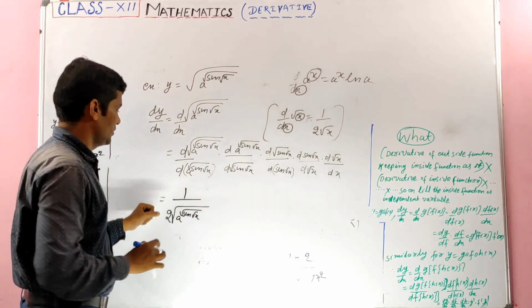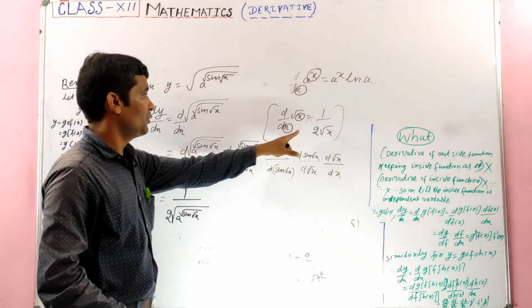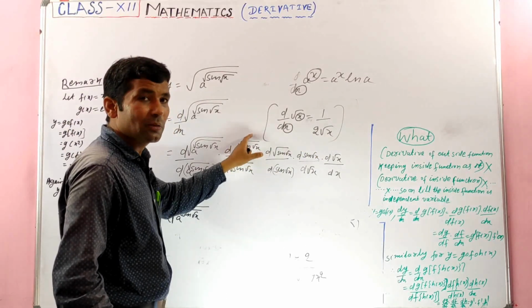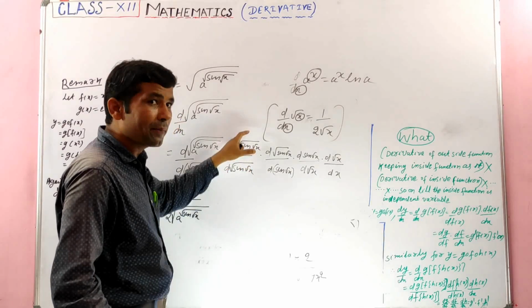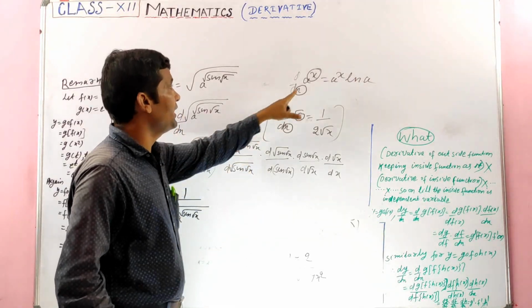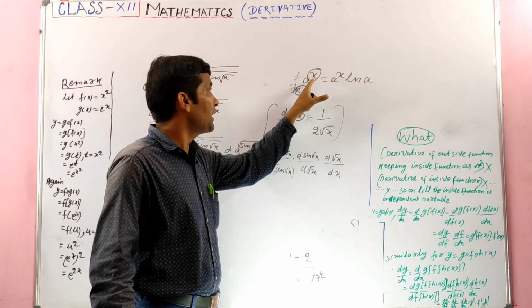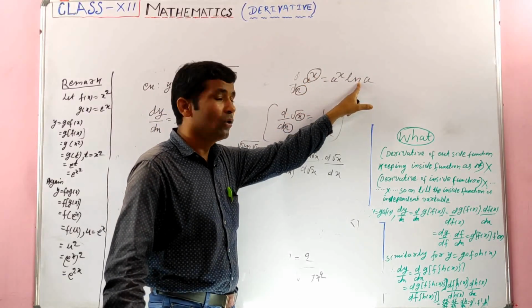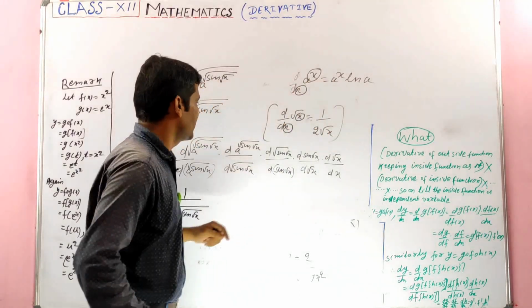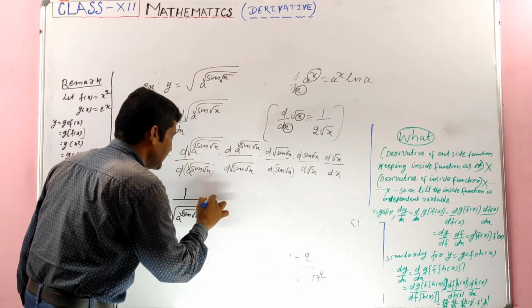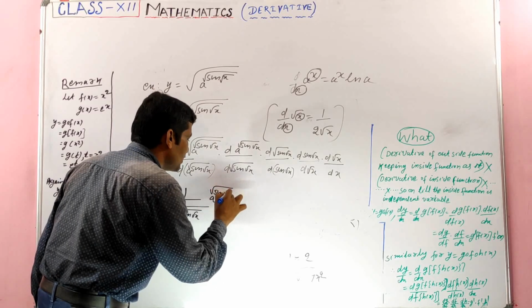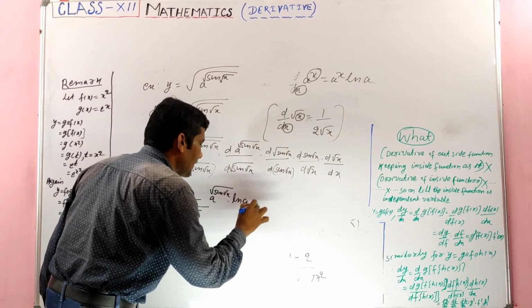Now see, a to the power something means constant to the power variable. For this formula, the derivative of a to the power something is itself into ln of the base. So this answer is a to the power sine root x, whole root, into ln a.